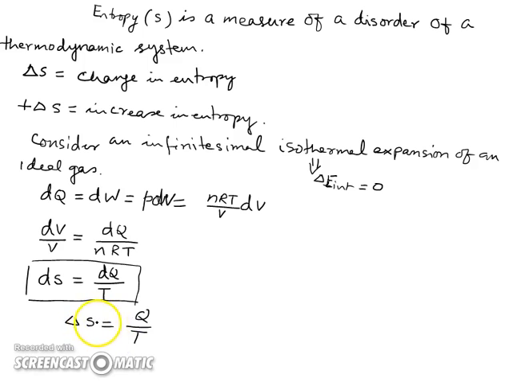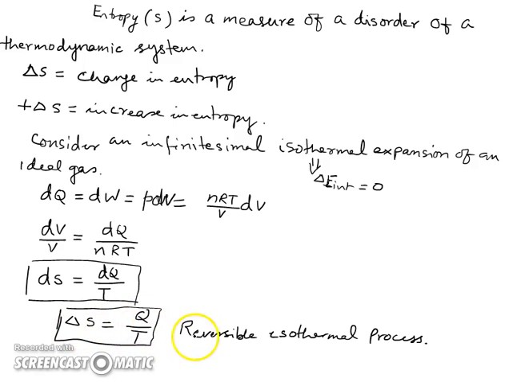And remember, delta S is always entropy final minus entropy initial. So this is a general equation we found at a constant temperature, for a reversible isothermal process. And from here, we can say the SI unit of entropy is joule, Q is heat, over Kelvin. Okay. So delta S is equal to Q over T for a reversible isothermal process.